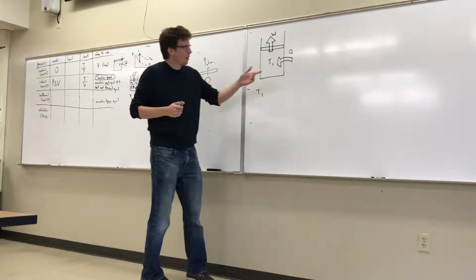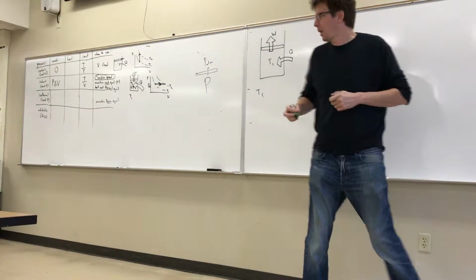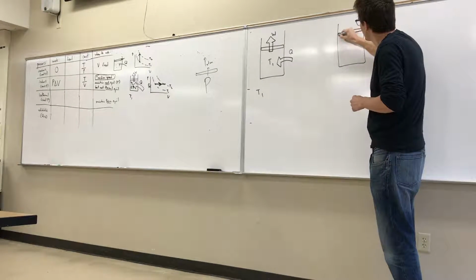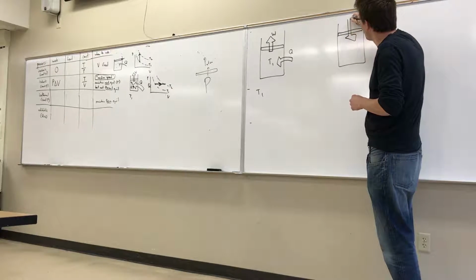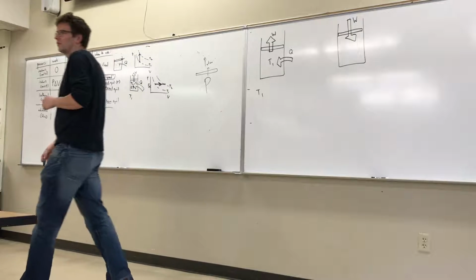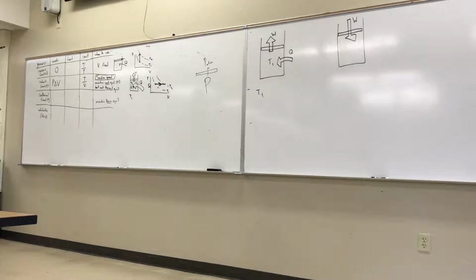So, it might be easier to imagine this process in reverse, just to visualize it. So we know that we can push this piston down very rapidly, but if we just slam down the piston and put in all this energy, it's going to make the gas go to a higher temperature.